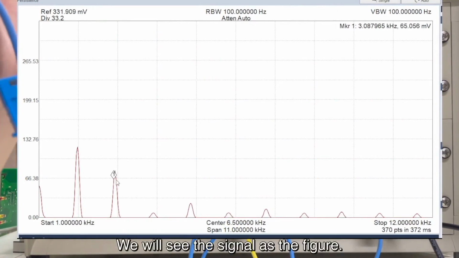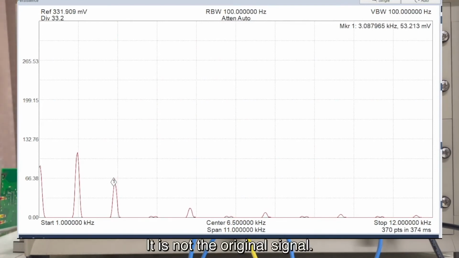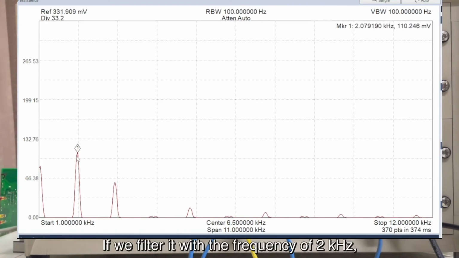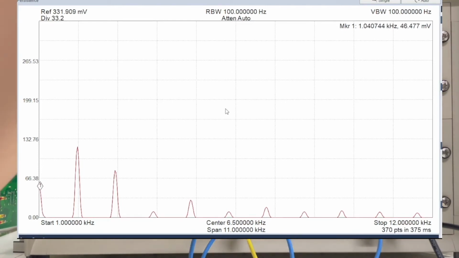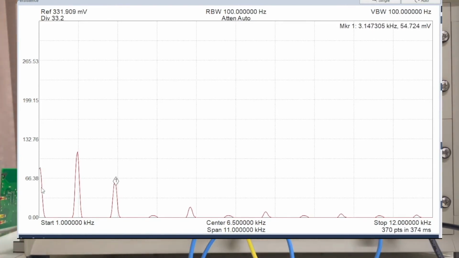We will see the signal as in the figure. It is not the original signal. If we filter it with the frequency of 2 kHz, we obtain the impulse that has a frequency less than 2 kHz.